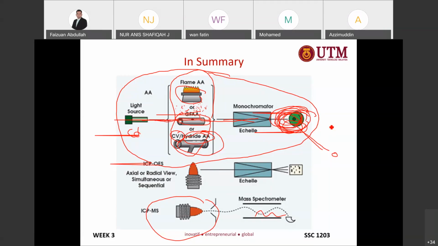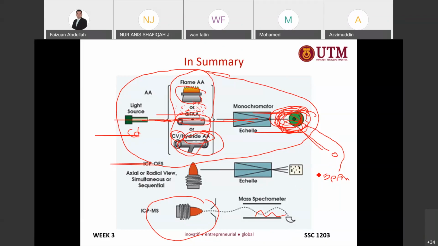The detector will detect some amount of energy lost and transfer the information as a signal of some concentration, for example 5 ppm, meaning that there is 5 ppm of cadmium inside the sample.